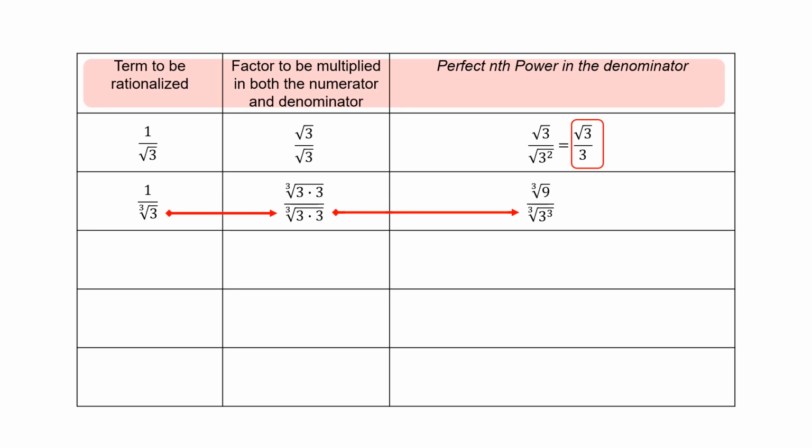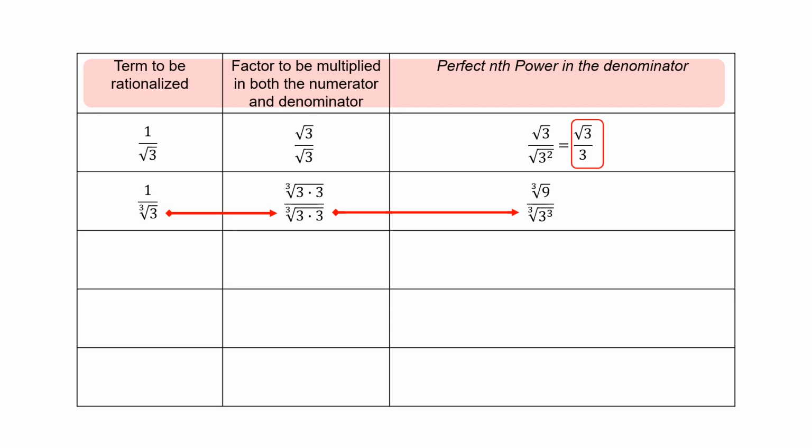At sa denominator naman, the cube root of 3 times the cube root of 3 times 3, which is equal to the cube root of 3 cubed. Hindi ko na uli ito ipinakitang ni-raise ko sa power para ma-visualize nyo kung paano ito magiging perfect nth power.